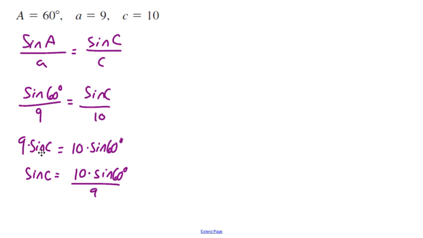So let's remember how we do this. In order to get rid of sine, I need to take the arc sine, or the sine inverse, of both sides.